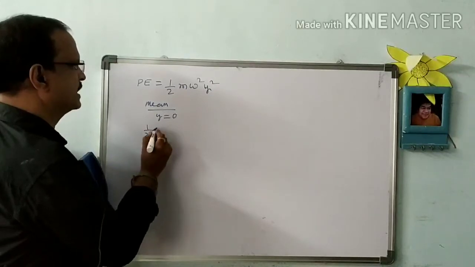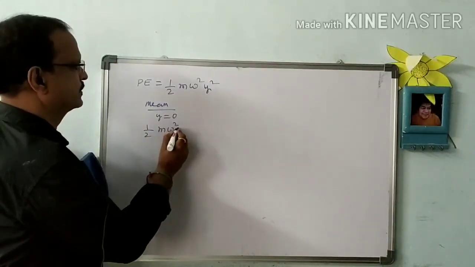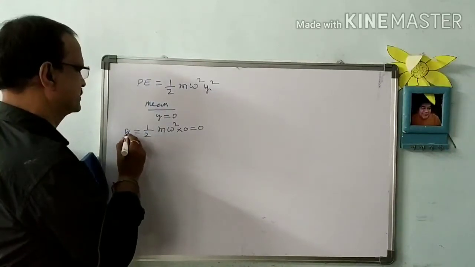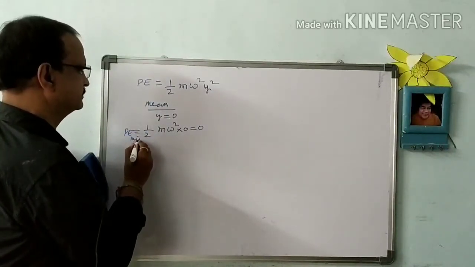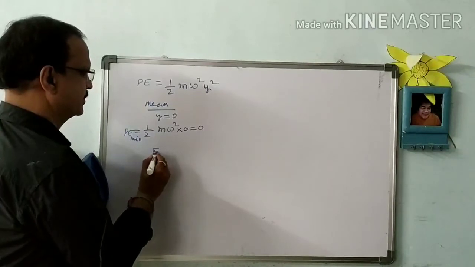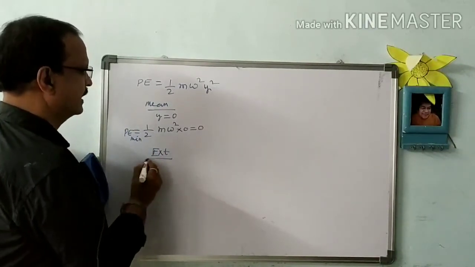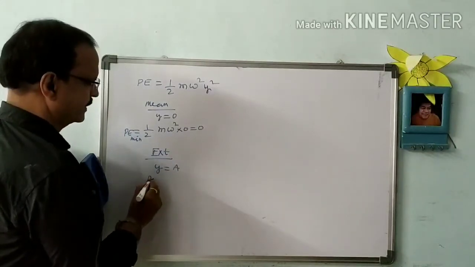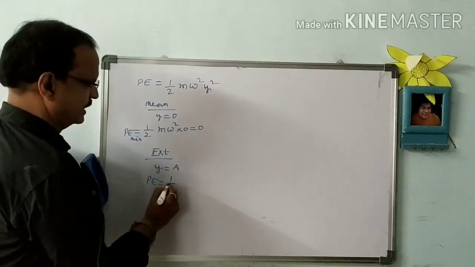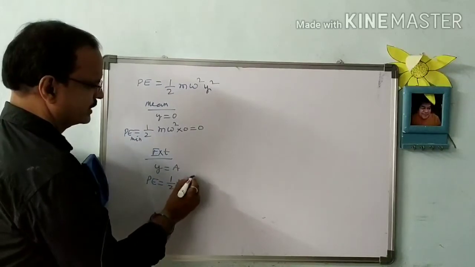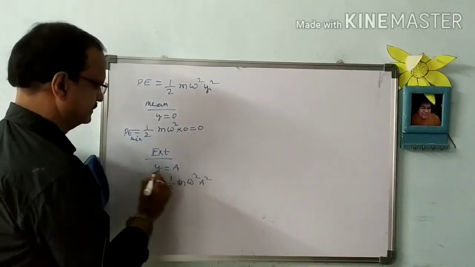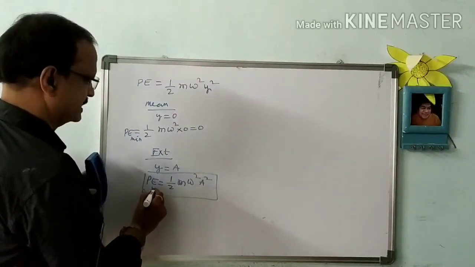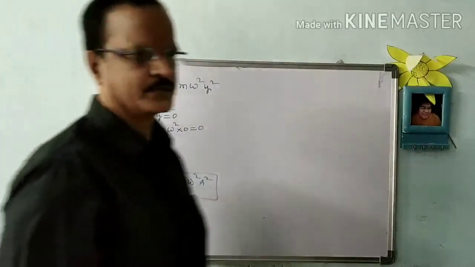So then it becomes half m omega square into 0. So this is 0. So P is 0. At extreme position, we have y is equal to a. So therefore P is equal to half m omega square a square. So P is maximum at extreme position.